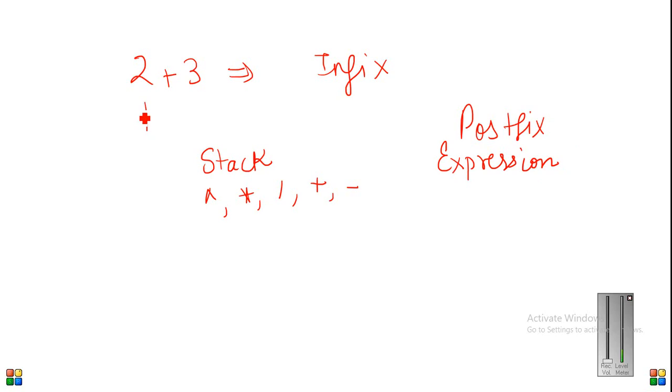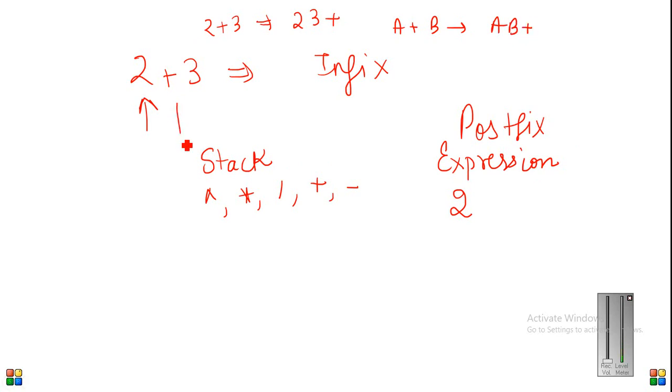Initially I start with 2. 2 is not an operator, so I simply write 2 in the postfix expression. You already know that when I write 2 plus 3, the postfix will be 2 3 plus, because a plus b has ab plus as the expression.